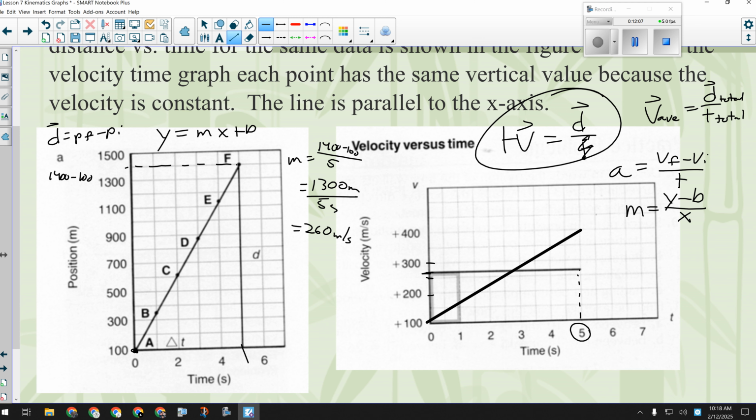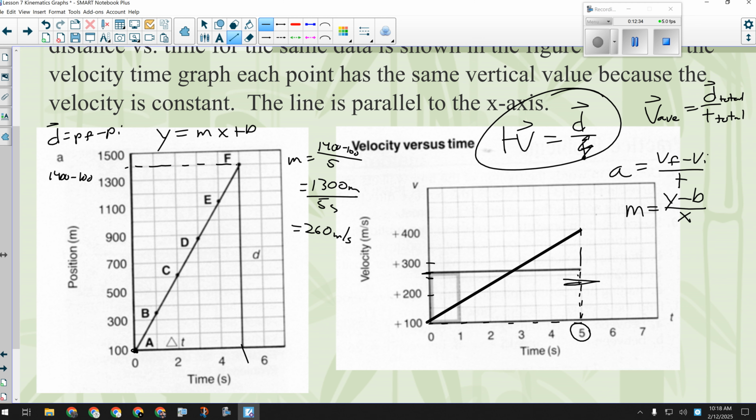How do you calculate the area of a triangle? Base times height divided by 2. If I divide the height of this triangle by 2, will that tell me the average velocity of that object?